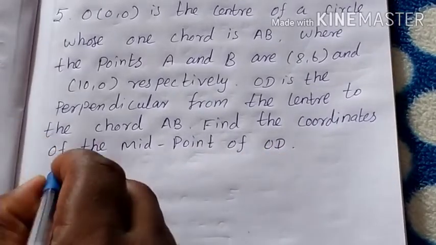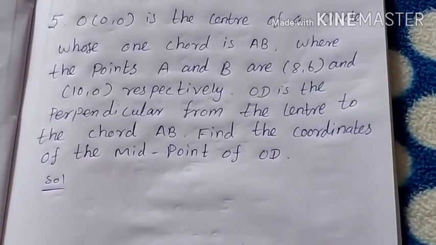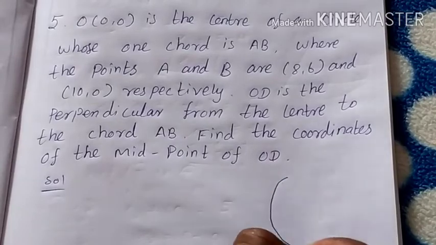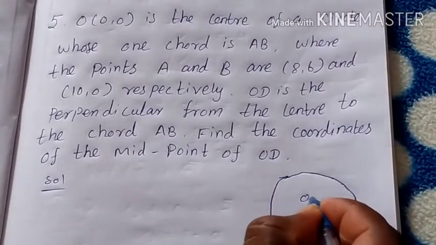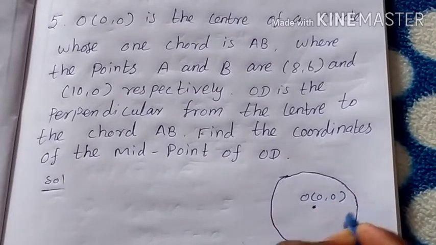The solution. Let's draw a circle. This is the circle. The center point is O, the point (0, 0).